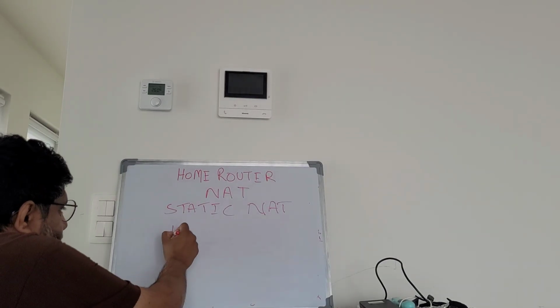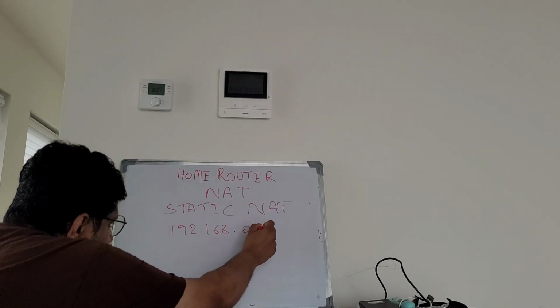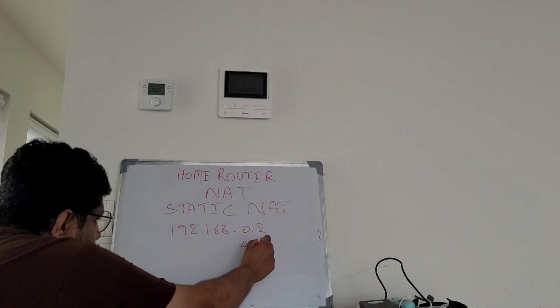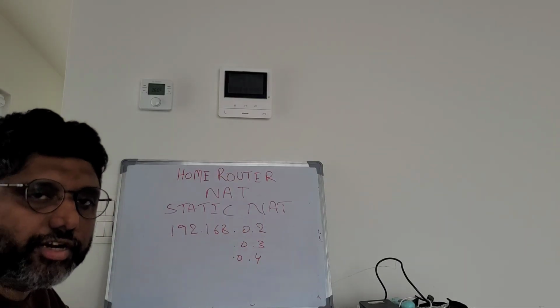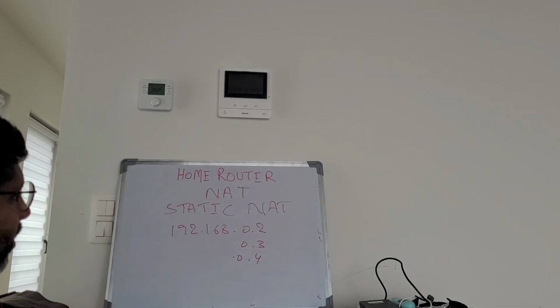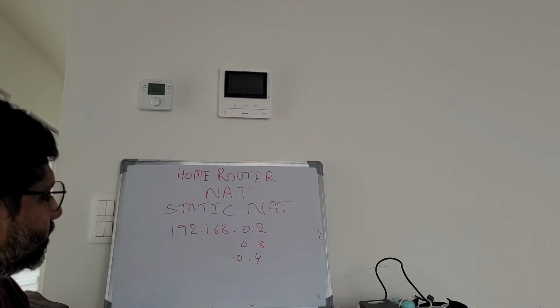For example, if you are using 192.168.0.2, 0.3, 0.4, these are the three clients which are connected to the LAN, and they have private IP addresses such as 192.168.0.2 and 192.168.0.3.